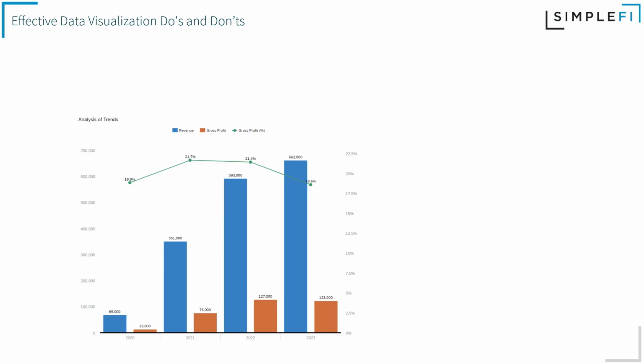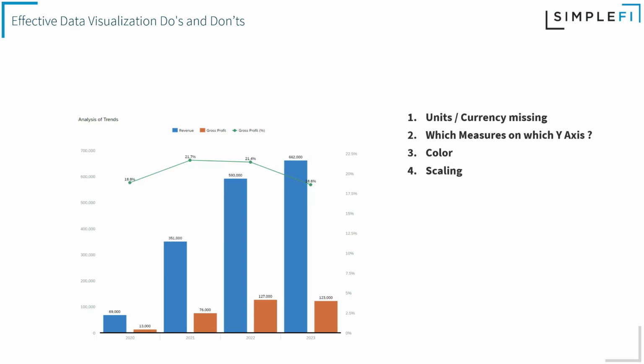So here are some items that are not helping. We talked about the units, and which measure is on which axis. If you decide to do a dual axis chart, which we do here, then at least communicate which measure goes on the first y-axis and which measure goes on the second y-axis, because otherwise I'm going to start guessing.